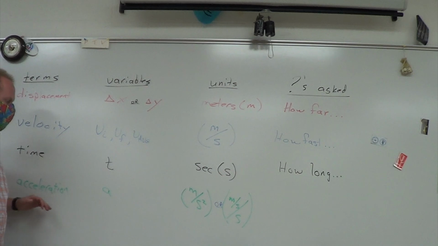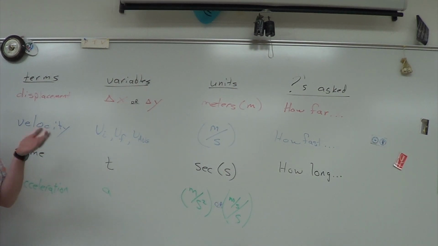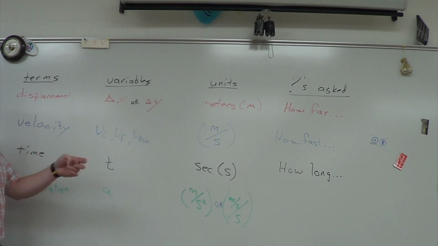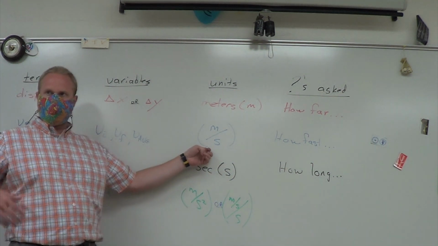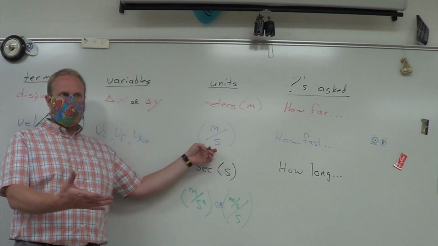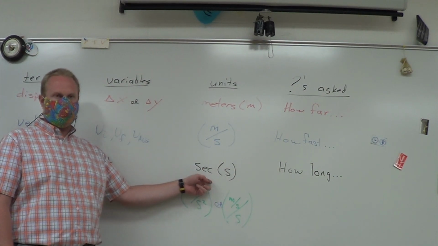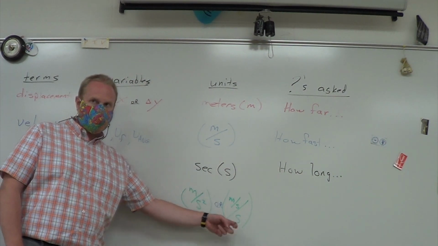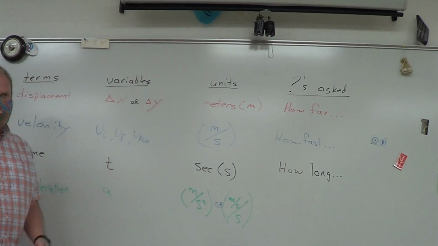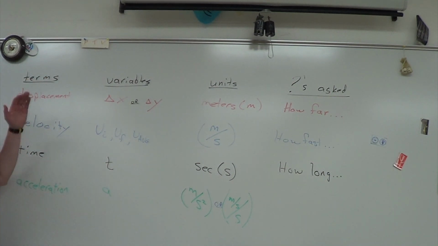But what is acceleration? Acceleration is the change in velocity per unit of time. It's the change in meters per second, so how many meters per second did it change per amount of time, per second. So how many meters per second did it change? We say meters per second squared. All of these, with the exception of time, are vector quantities, so we have positive and negative numbers.